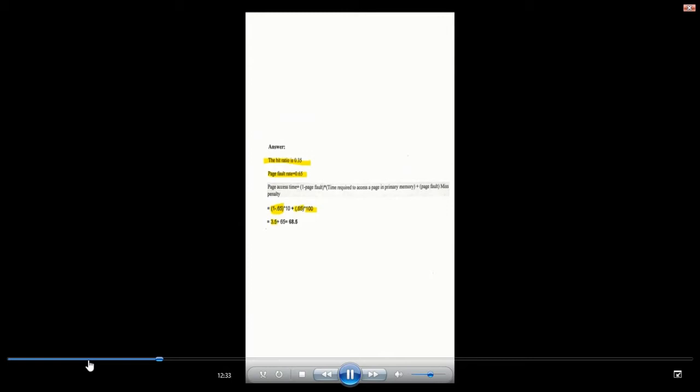And 0.65 multiplied with 100, you will get 65. And when you add them, you get the total effective access time. Effective access time is equal to how much? 68.5. What is 68.5? It is in milliseconds. So you get the answer as 68.5.